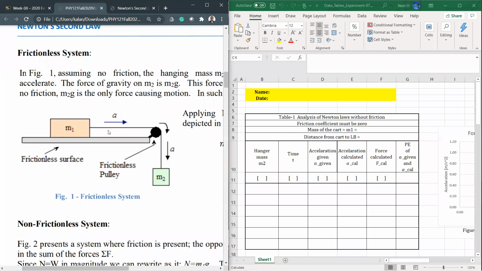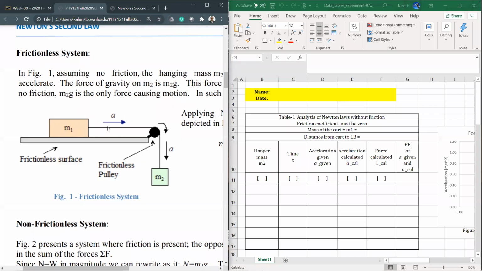F equal ma, only one force, that is the tension, and the object mass is m1, acceleration a. So if I do this experiment by changing M2, that means we change the force acting on object number 1.